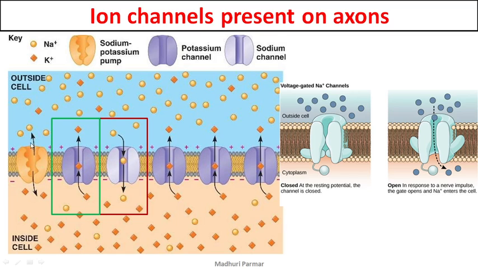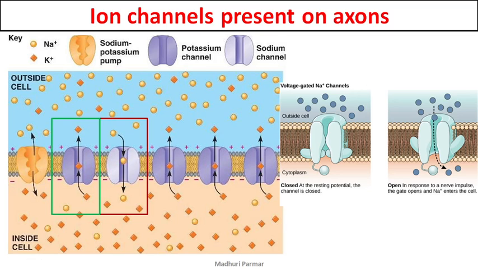Antiporter means one hand takes, one hand gives. It will take some ions from inside to outside, and at the same time it will bring some ions from outside to inside. Clear? So this two-way exchange will occur through the sodium potassium pump. Fine. As you can see, it will pump 3 sodium ions out, and it will bring 2 potassium ions in. So that is the function of the sodium potassium pump.